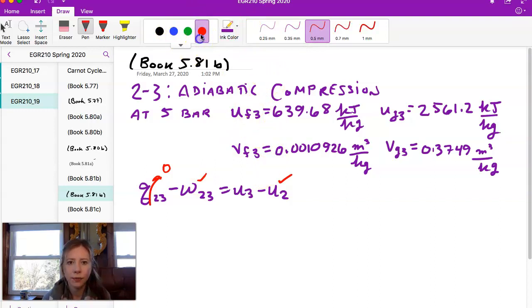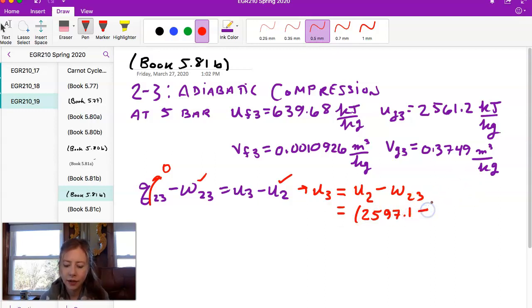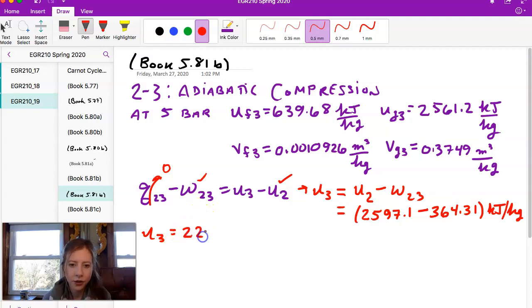So here we know that U3 is going to equal U2 minus W23, which is going to equal 2,597.1 minus 364.31, in kilojoules per kilogram. And so U3 is going to be 2,232.8 kilojoules per kilogram. Great.